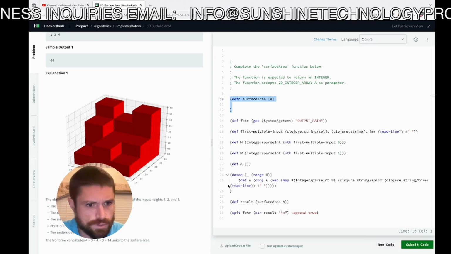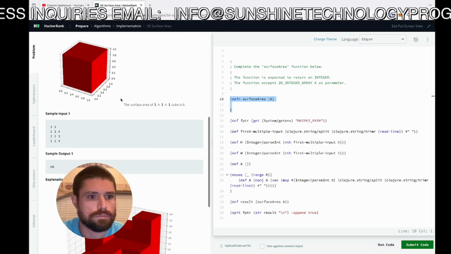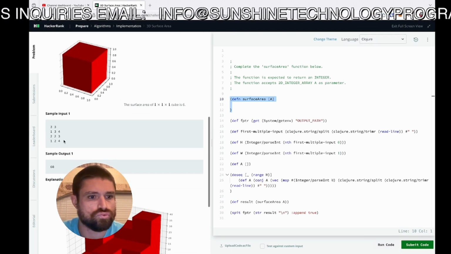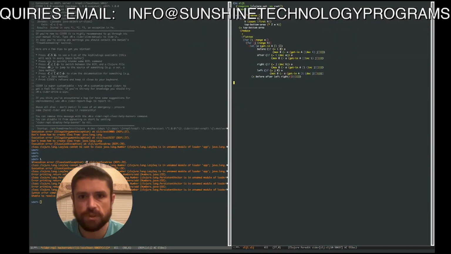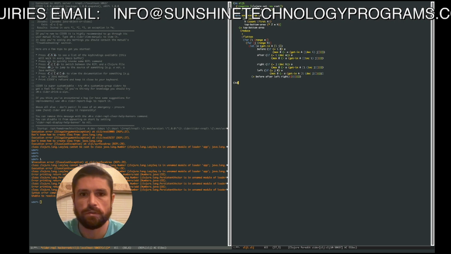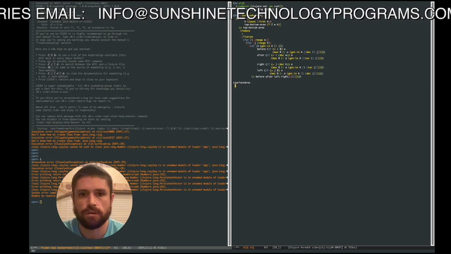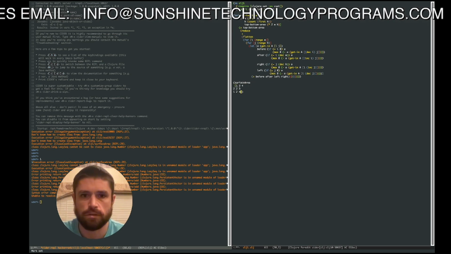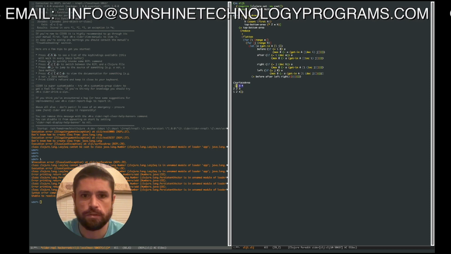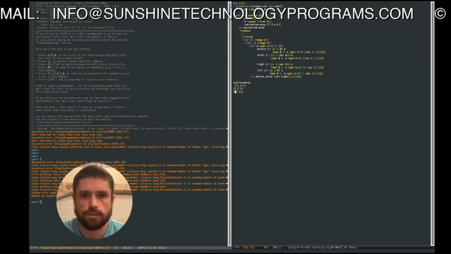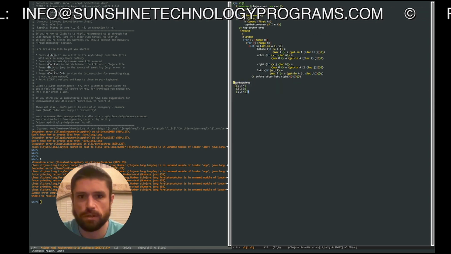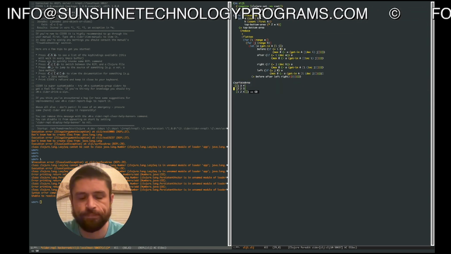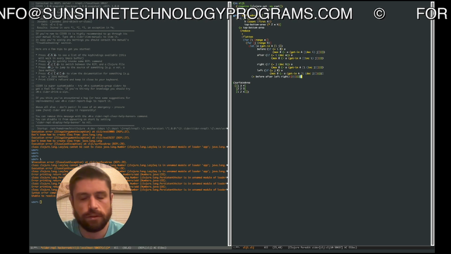Let's try the other example. We're good. 3 by 3 has surface area of 60. Clojure is such a gift. It's the little things.